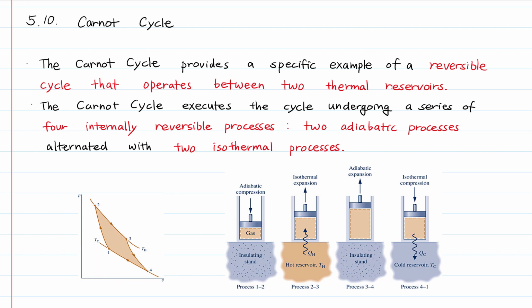Process 2-3. Reversible isothermal expansion. Insulation from the system is removed, and heat from the high temperature reservoir is transferred to the system, that is QH. The gas inside the system expands and does work on its surroundings. The gas pushes against the piston.